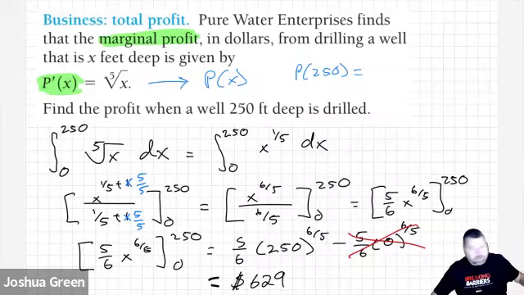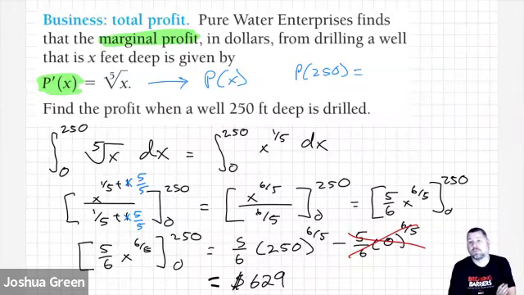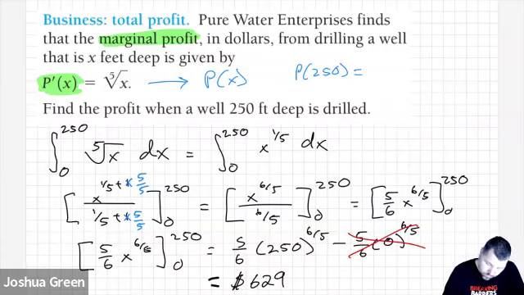So the profit here would be $629 for digging the depth of the well to 250 feet. Any questions over getting to there?